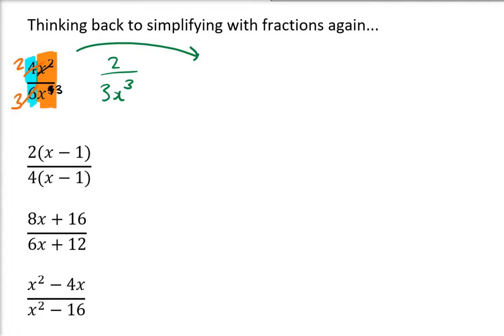If you remember back, what we're doing is we're changing that 4 into 2 times 2 and that x into x times x. I'm just going to put dots instead of the times there. So 2 times x times x. And the bottom, that's going to be 3 times 2 times x times x times x times x times x.